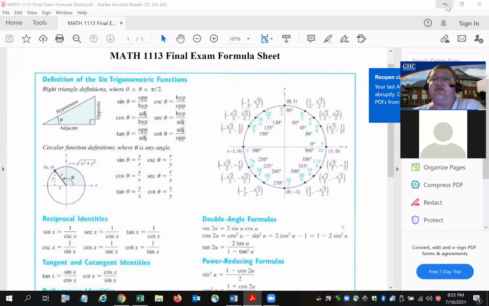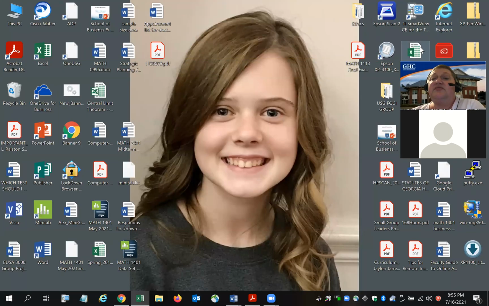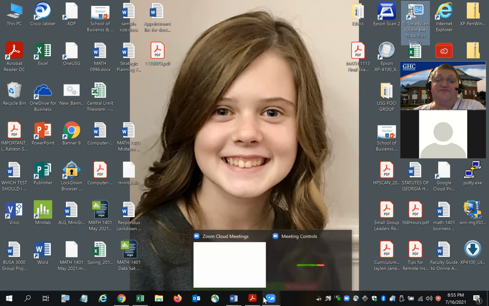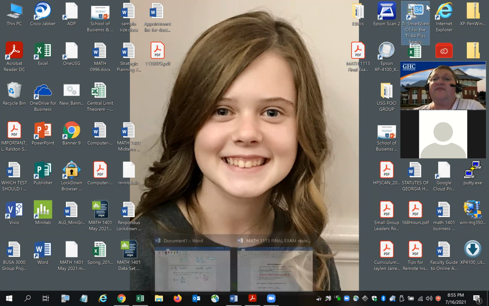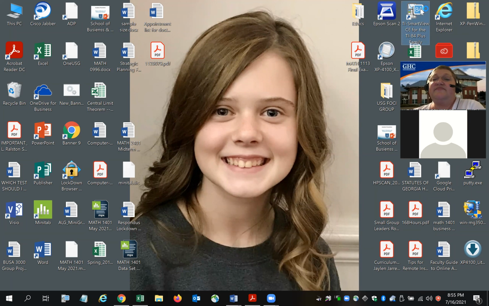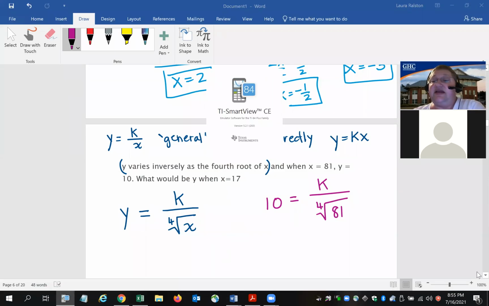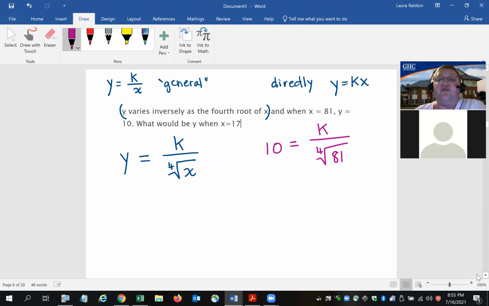While my calculator is coming up, the easiest way to think about it, to put it into the calculator, is to write it as an exponent. So this would be 10 equals k divided by 81 raised to the 1/4 power. That's the easiest way to put it into the calculator.